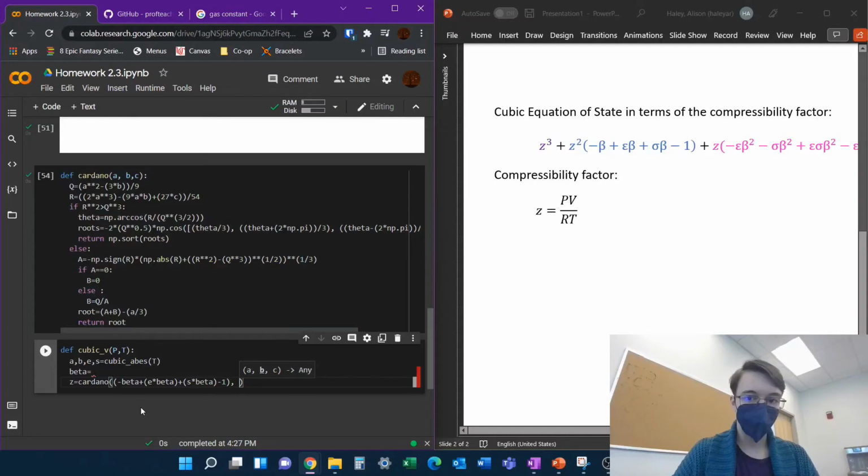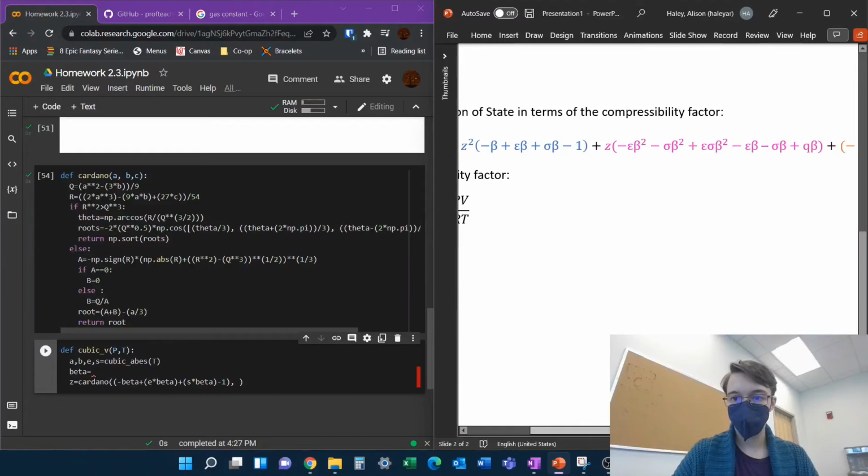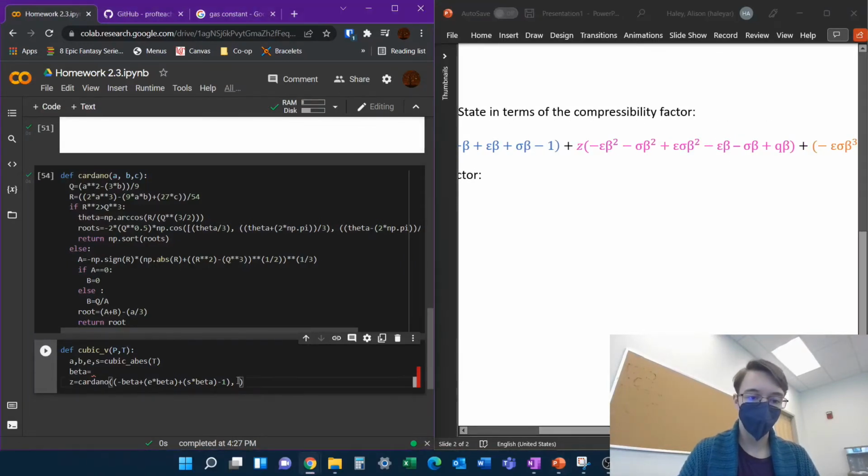So now we need to do our B. For our B, we're going to look at this pink parentheses right here. We're going to put that in.